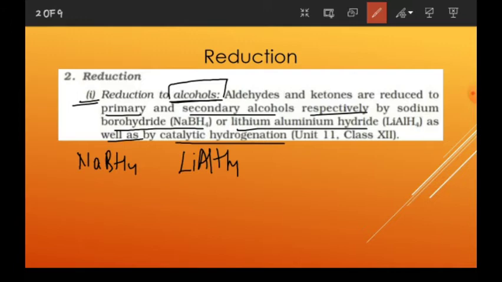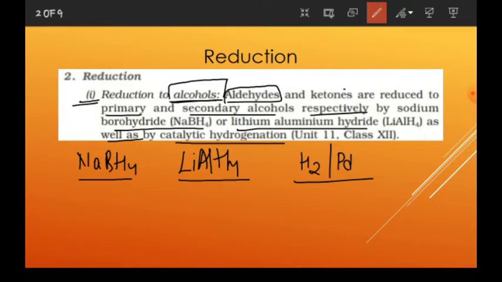Catalytic means in the presence of any catalyst, so H2 in the presence of any catalyst, which can be palladium or platinum, and even nickel also. These three reagents are being used in this reaction. All these reagents will convert aldehydes into primary alcohols and ketones into secondary alcohols.